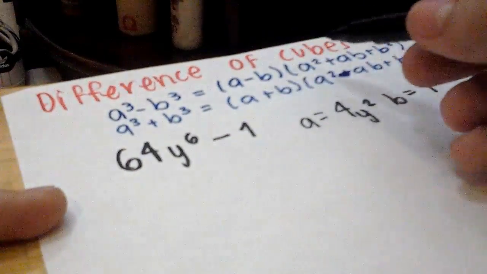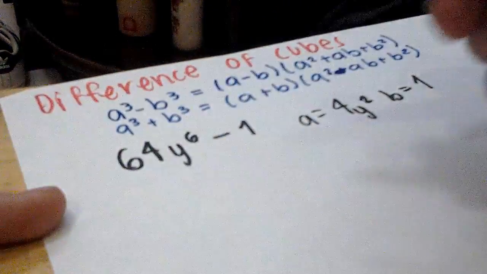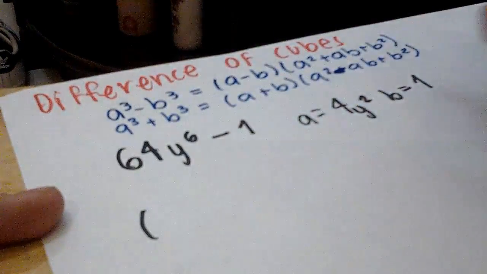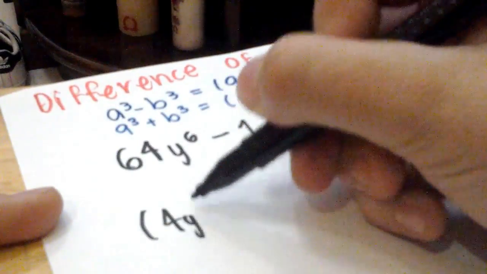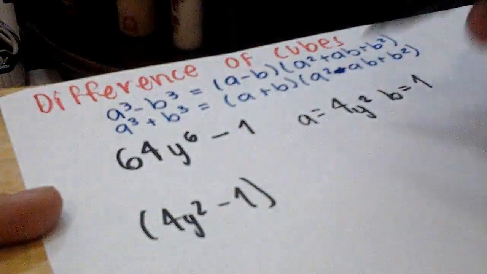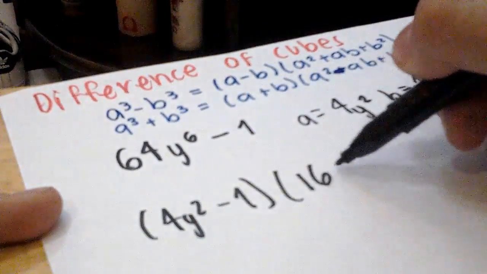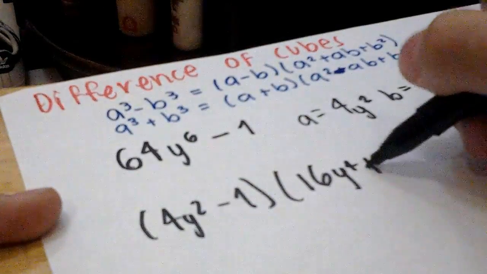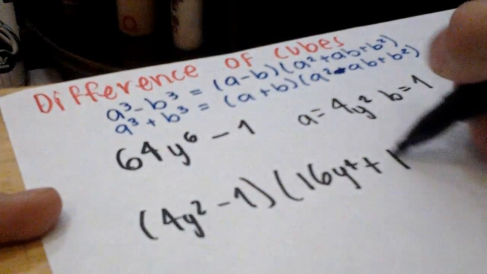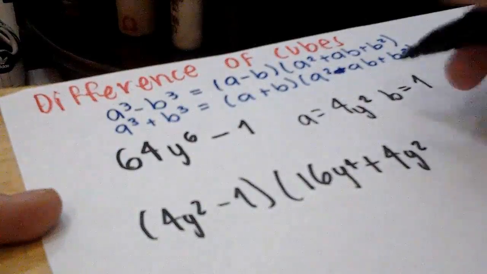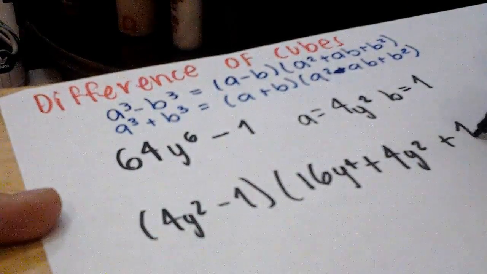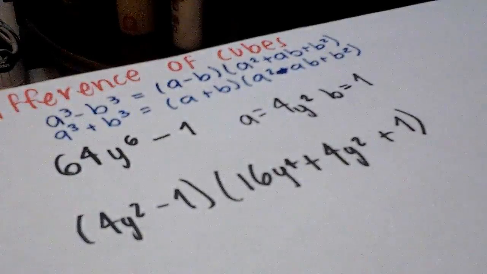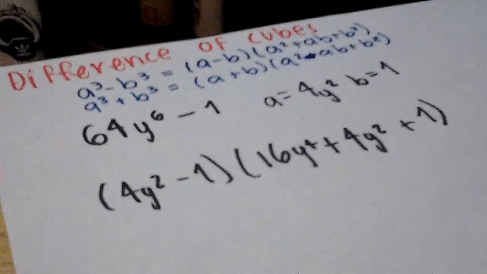Now we just put it in the formula, and it's a, 4y squared minus 1, times 16y to the fourth power plus 4y squared plus 1. And this is how you factorize.